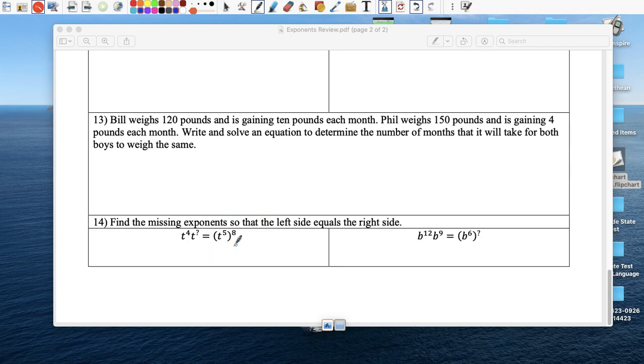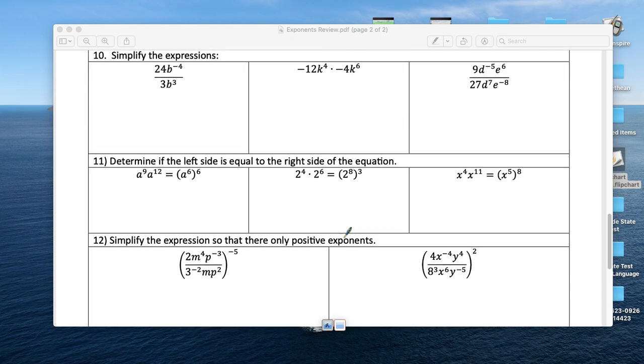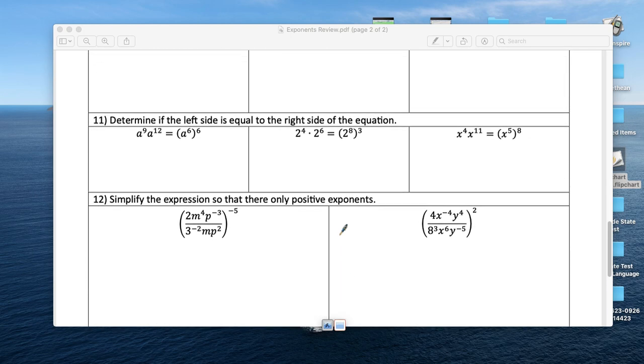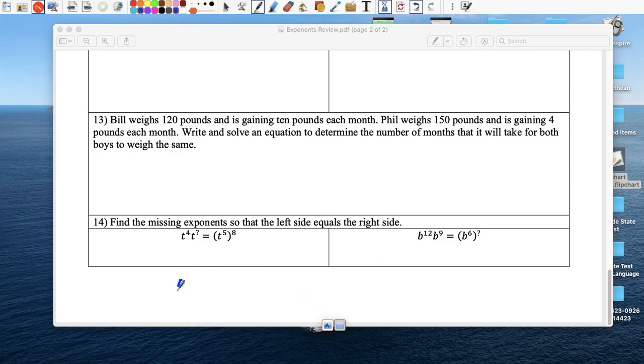And this 14 relates to 11. So in 11, when we did 11, we noticed that none of them matched, right? None of them are equal. So, think about this. Let me rewrite it: t to the 4th times t to the something power is the same thing as this guy here, t to the 5th raised to the 8th power.